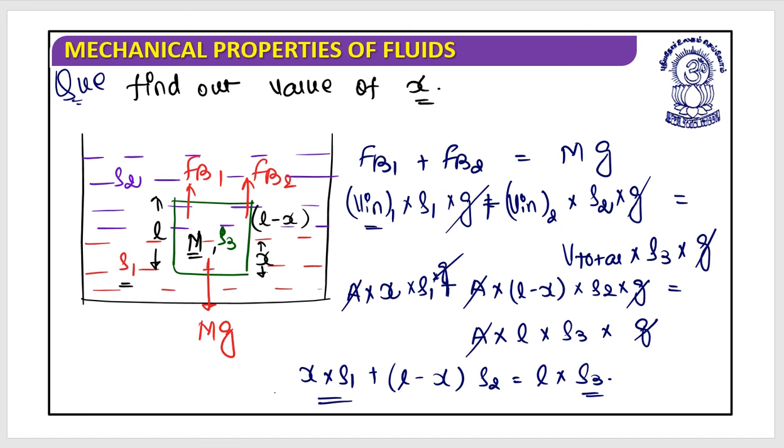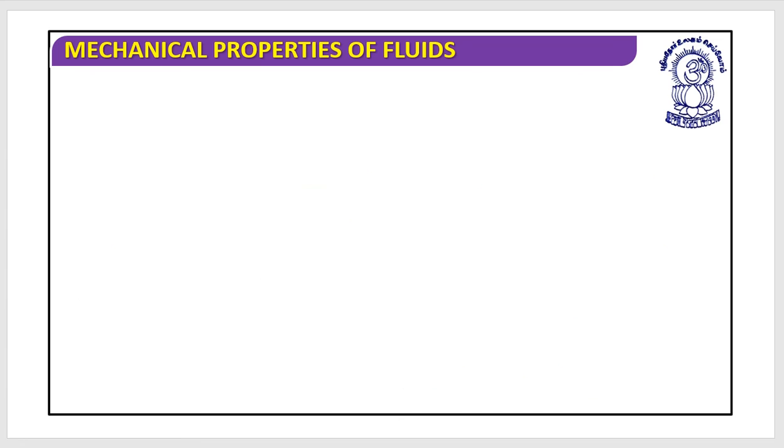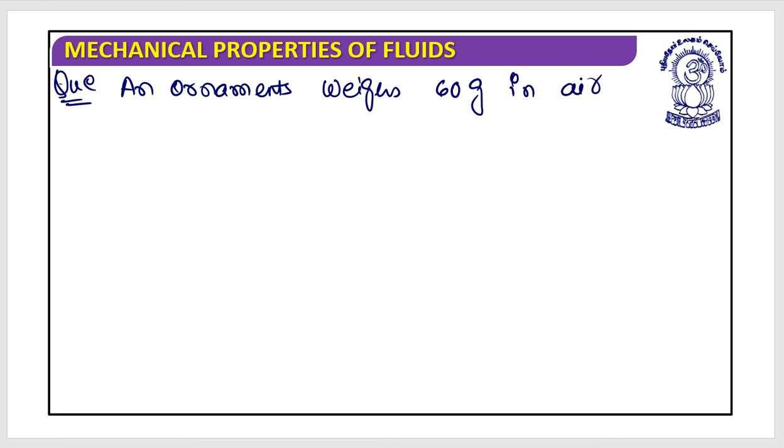Great. Now let's work on the next category of questions, which is the questions based on the amount of substance, or we can say the questions based on alloys. Let's suppose the data is given that an ornament weighs 60 g in air and 55 g in the water.